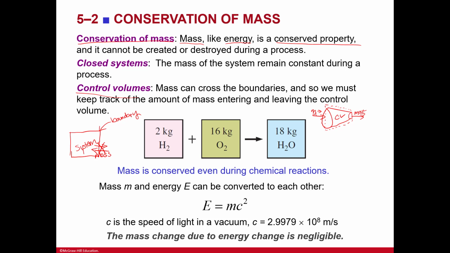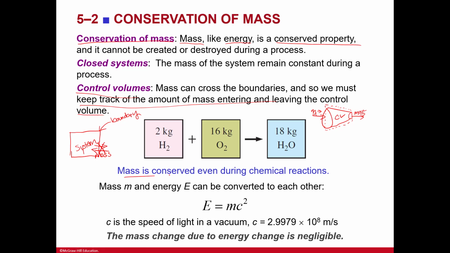And so therefore, we have an inlet and an outlet, or multiple outlets, multiple inlets. It can be a complete imaginary boundary, and every portion of it is an inlet and an outlet. Then we need to keep track of the amount of mass leaving and entering the control volume and equate that.